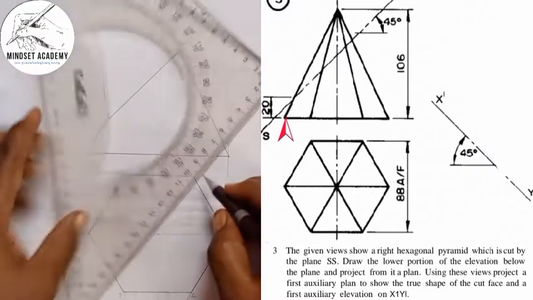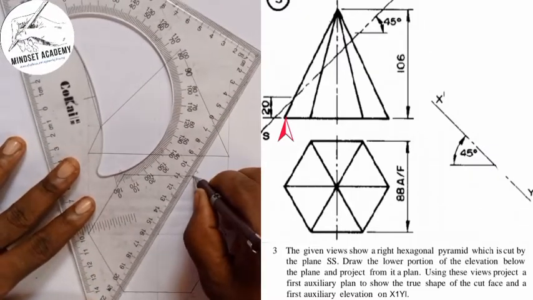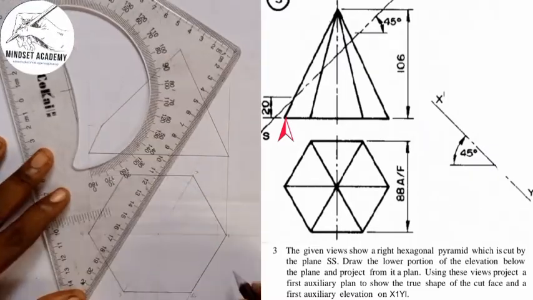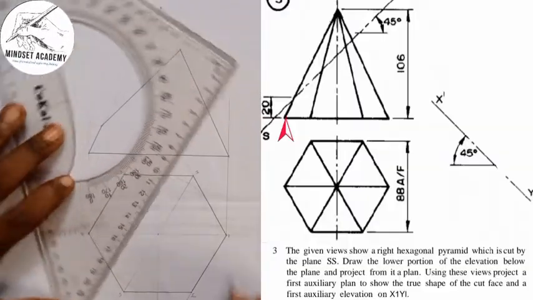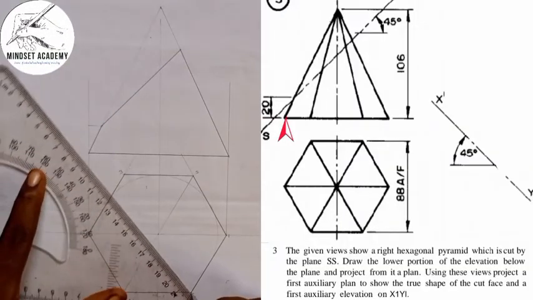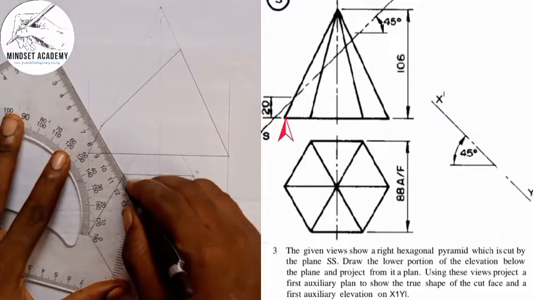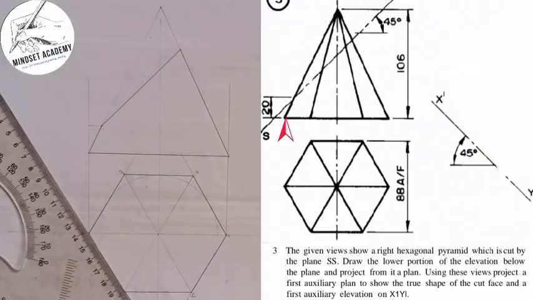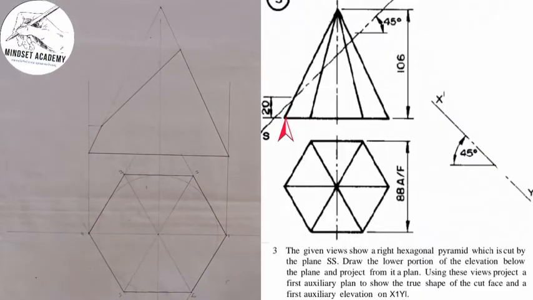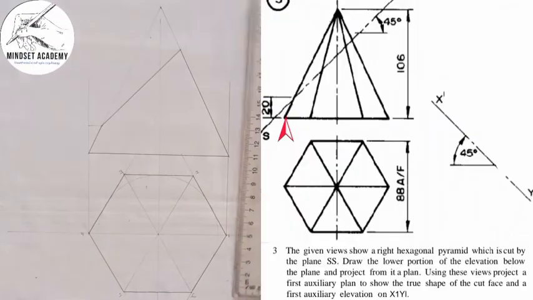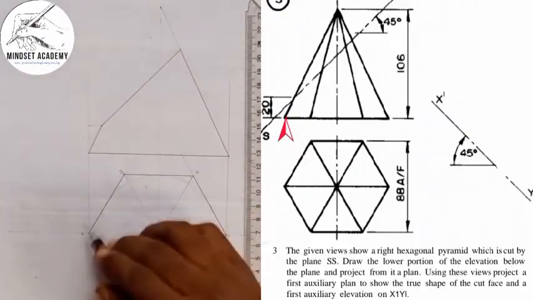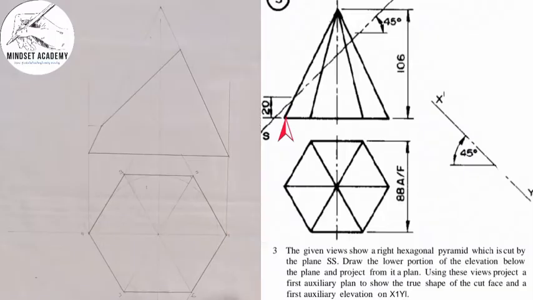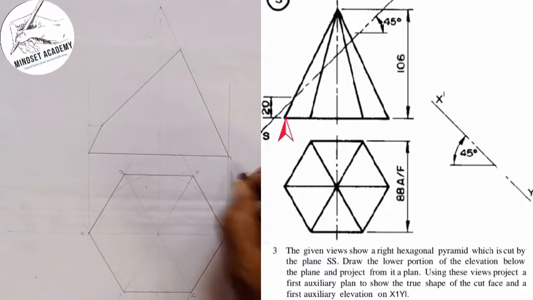So I will connect 2 and 5 with my faint line. I'll connect 6 and 3 with my faint line. You can see that. Now I'm going to project all these points upward. If I project 1 to this point, this will be point 1.